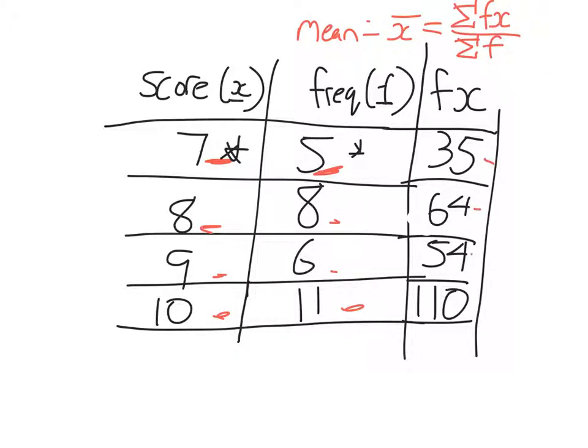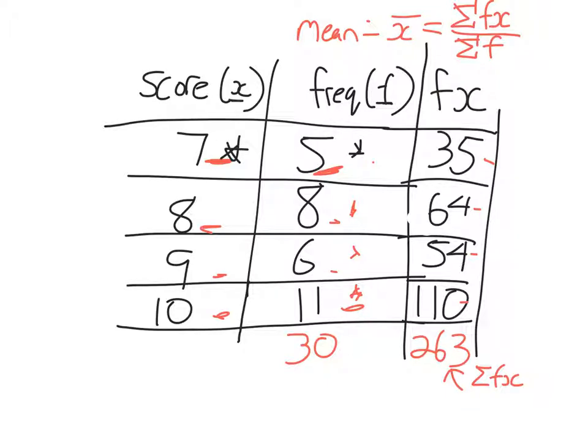So if I add up all these numbers, I get 263. So that number here is the sum of the fx column, okay? That is the sum of all the scores. We just did it a quicker way. So if I add up all of these numbers in the frequency column, I get 30.